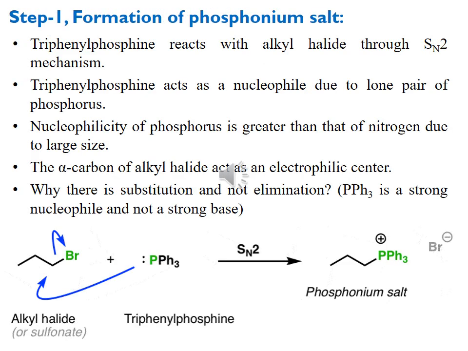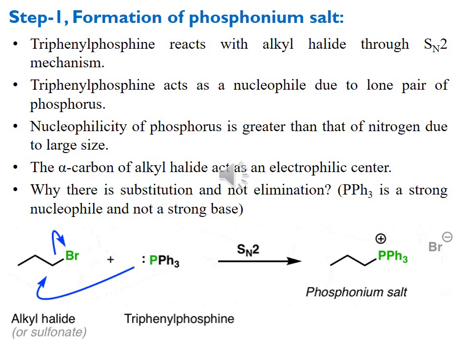Here is the first step of the reaction, that is formation of phosphonium salt from triphenylphosphine. Triphenylphosphine is made to react with alkyl halide through SN2 reaction mechanism. And triphenylphosphine acts as a nucleophile due to presence of lone pair on phosphorus, which directly attacks the alpha carbon of alkyl halide to remove the halo group in an SN2 reaction mechanism.